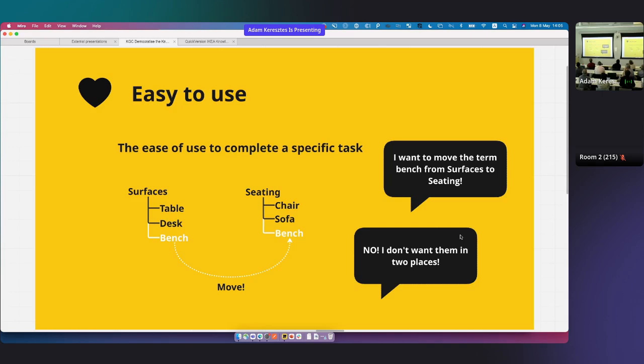So sometimes an easy task, technically, can be quite hard to do in a tool. So again, while the tool might be intuitive, this is where I actually can work with the structure of my terms. Actually doing it might be a hard thing.